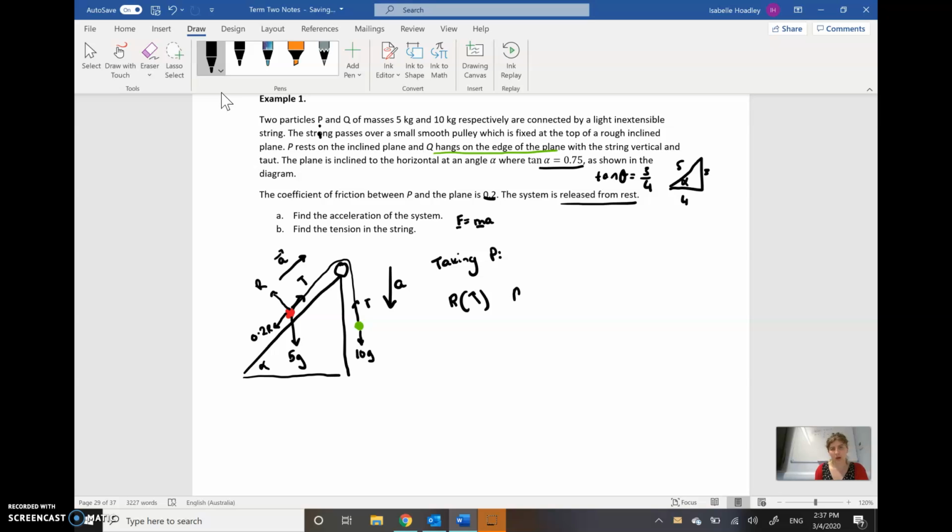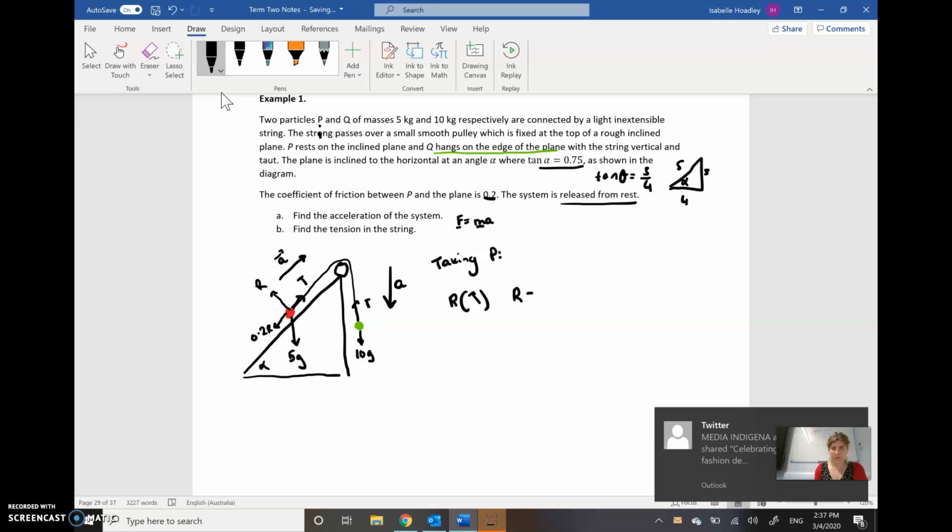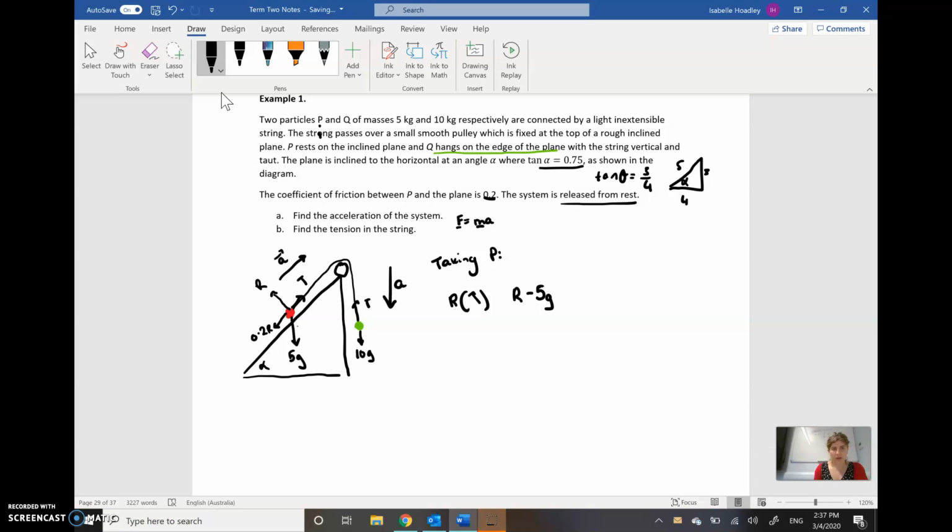Okay, we've got R minus 5G cos alpha equals 0, or here you can write mass times acceleration equals 0, because your acceleration going out of the plane is a net 0 force.